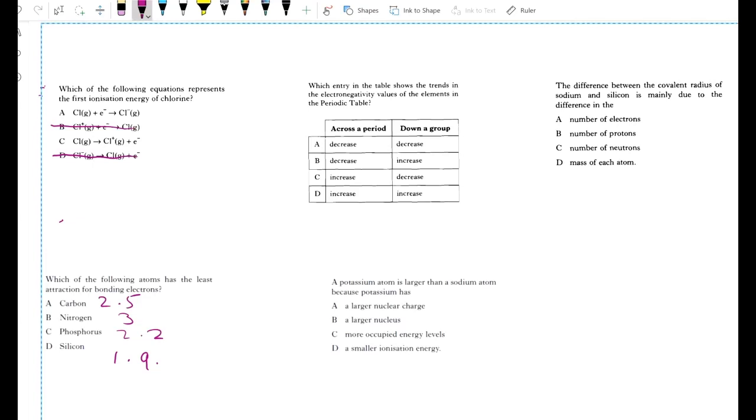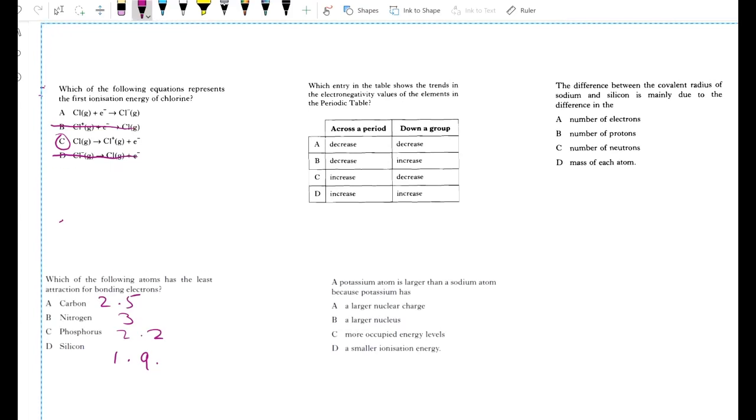Remember that ionization energy is the energy required to remove an electron, or 1 mole of electrons. So you want to then end up with a positive ion because we're going to lose an electron. Given that, your answer would be C. Okay? A couldn't be your answer because the ion that is formed has a negative charge, which means it's gained an electron. Okay? It would almost be the reverse of ionization energy.